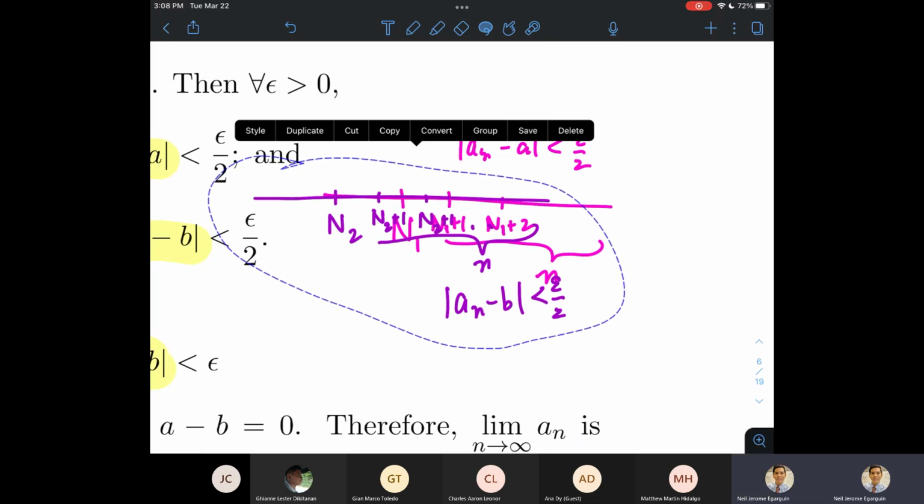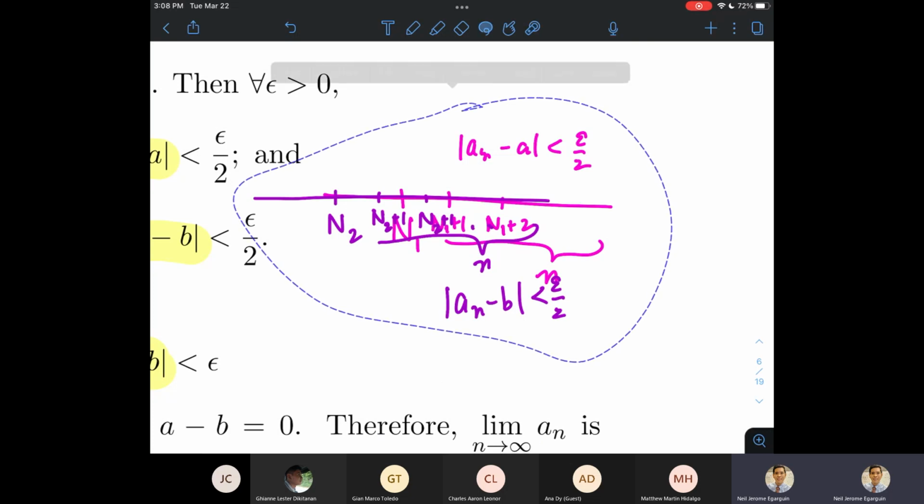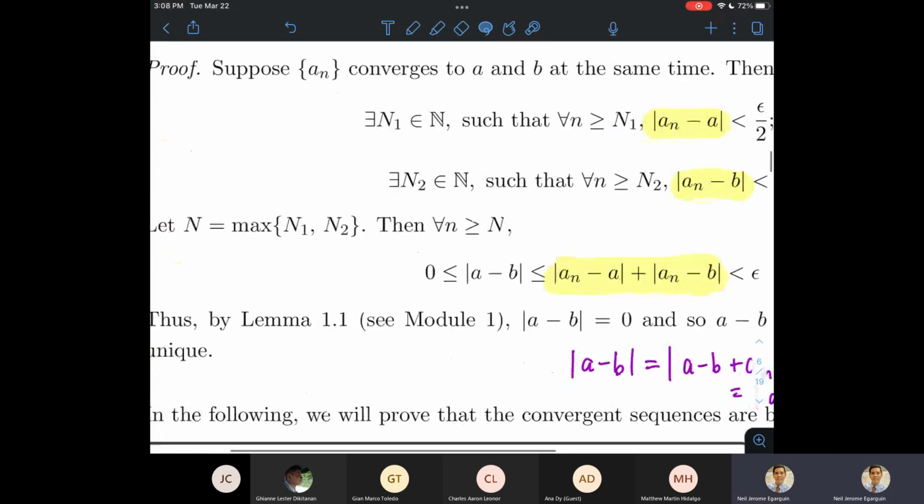So the safer choice in this second case is N1. Kasi pag lumampas na ako kay N1, mag-hold na yung first inequality, tapos mag-hold pa rin yung second inequality. So I will choose the larger one. Yung sa dalawang scenarios na pinakita ko, mag-work yung dalawang inequalities kapag ka pinili ko si capital N to be the larger between N1 and N2.